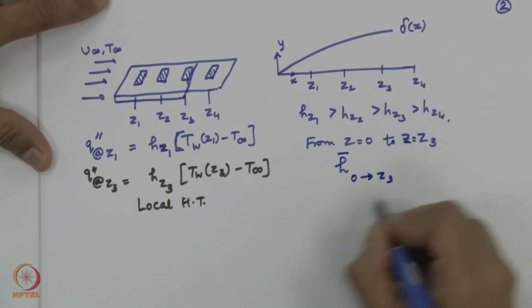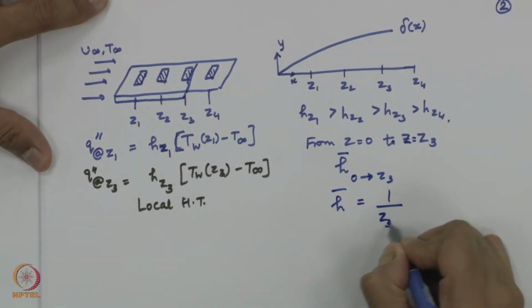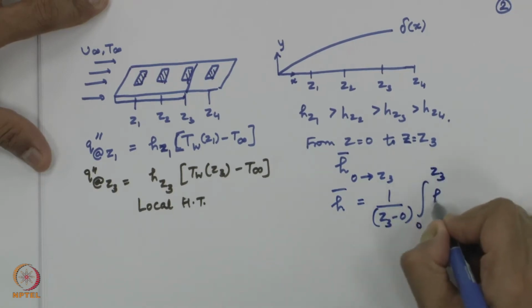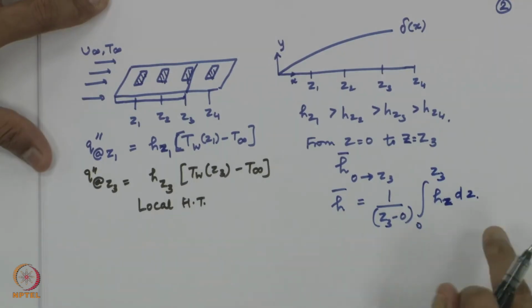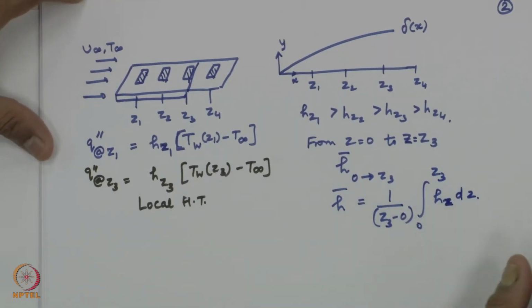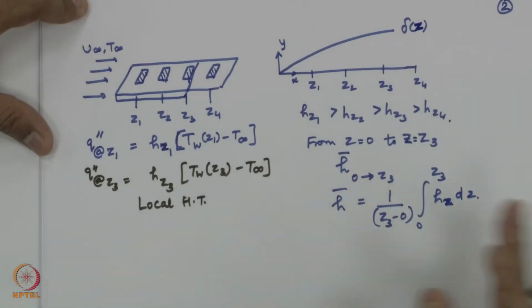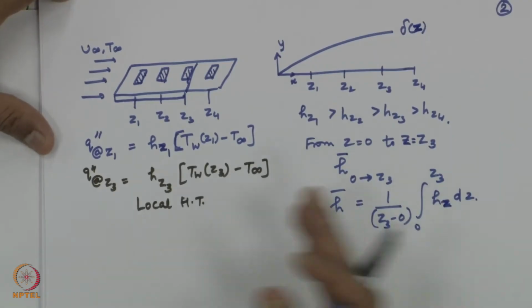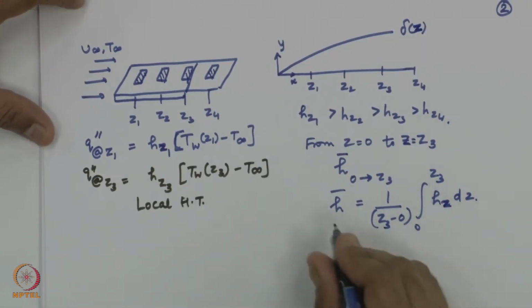That means h bar is nothing but 1 over Z3 minus 0, the length, times the integral from 0 to Z3 of h local dZ. I am using Z as opposed to X. Books will use X. I am using Z on purpose because we are dealing with the flow direction. Many times X refers to quality in multi-phase situations, but it's perfectly fine if we use X also. Okay, so this would be used.